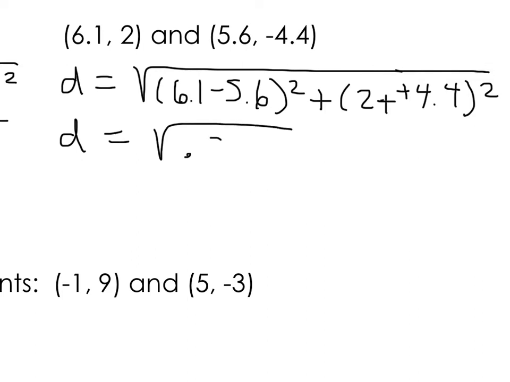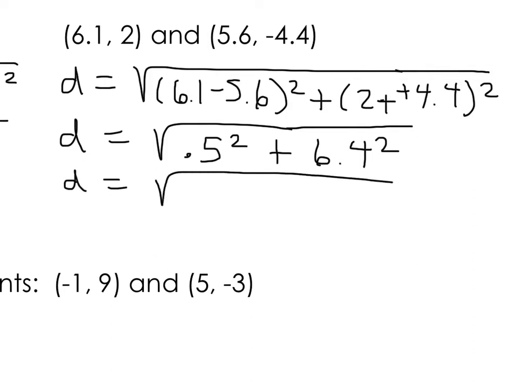So we have 0.5 squared plus 6.4 squared. 0.25 plus 6.4 squared, 40.96, plus 0.25, 41.21.